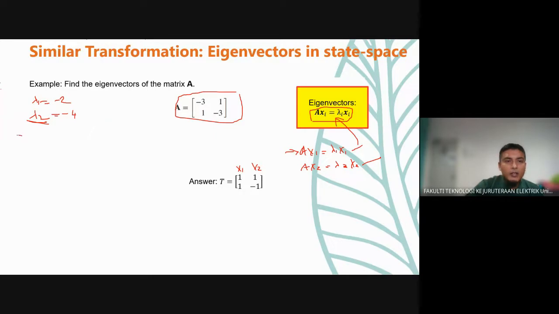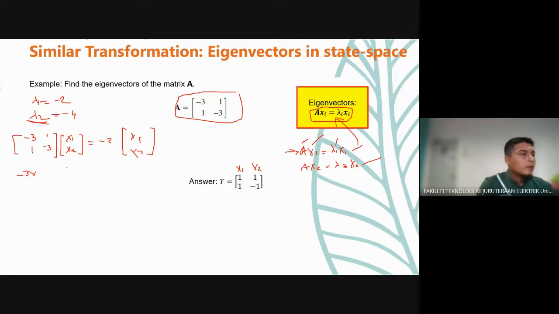A is -3, 1, 1, -3, times x1, x2, equal to lambda 1 equal to -2, times x1 and x2. So you solve this, -3 x1, you solve it.